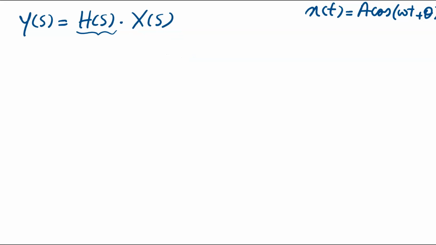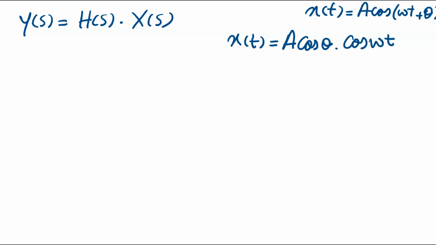X of t is equal to A cosine of theta cosine of omega t, I'm expanding this term, minus A sine of theta sine of omega t. As you can see, A cosine of theta and A sine of theta are constant values because theta is fixed and A is a coefficient, so these are constant numbers.